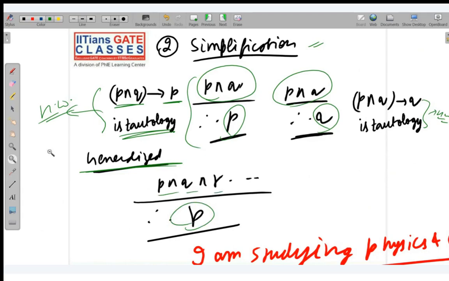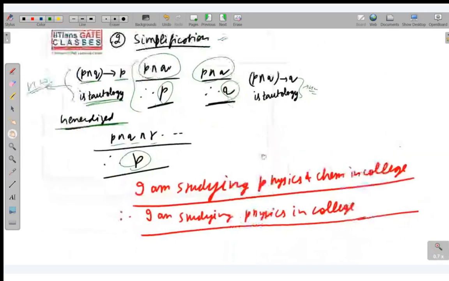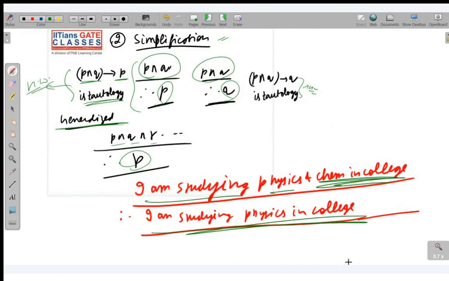If you want me to show you some real-life example, I will say like this. I am studying physics and chemistry in college. So therefore you will say I am studying physics in college. That's it. Now the same scenario: you have a statement that if you study physics, you will get a 5,000 rupees stipend in your college.